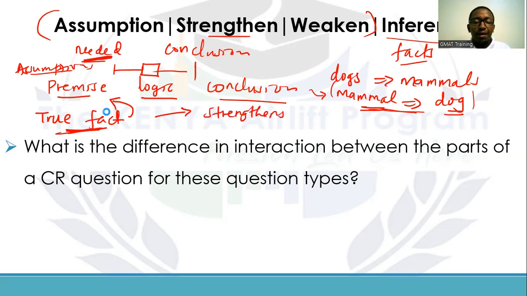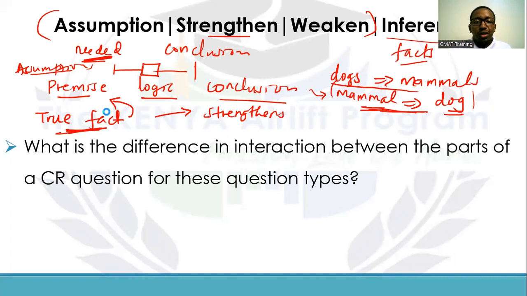So if it does that, then you have an answer choice that strengthens the conclusion. If we go back to our example here, we have this statement, dogs are mammals. Then we have our conclusion that any mammal that you come across is a dog.